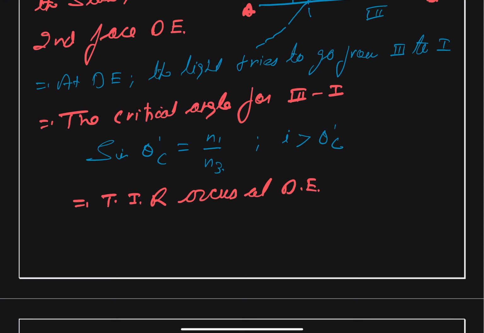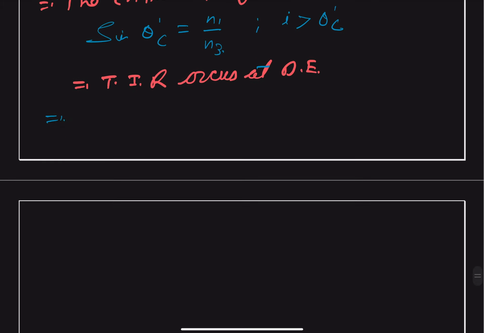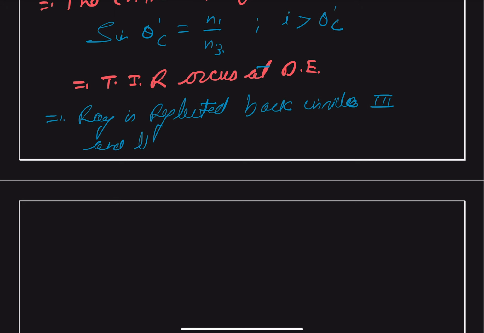So thus we can draw a conclusion that the ray is reflected back inside 3 and refracts to medium 2, and then refracts back to 2.